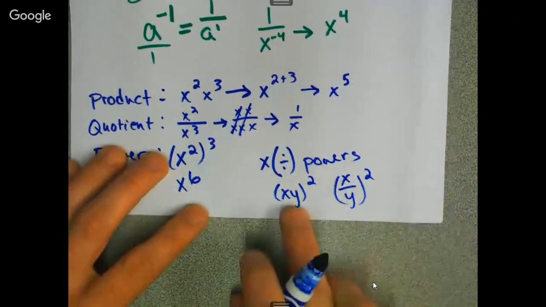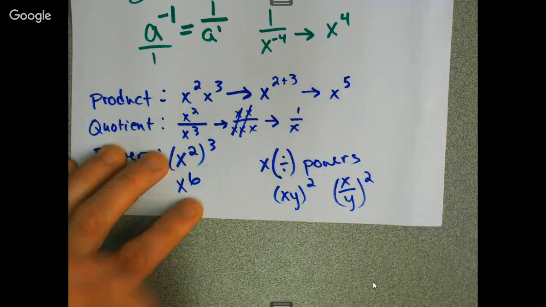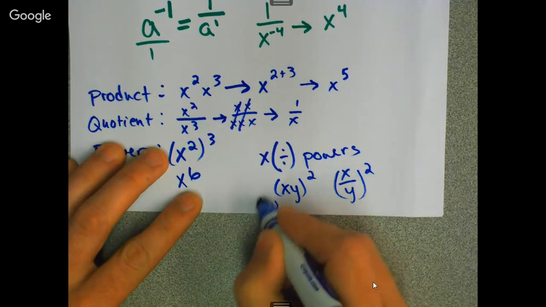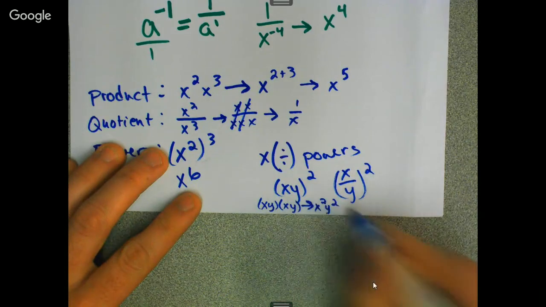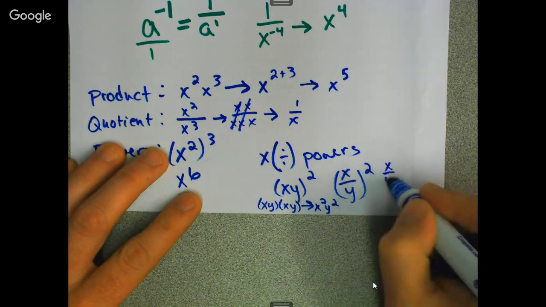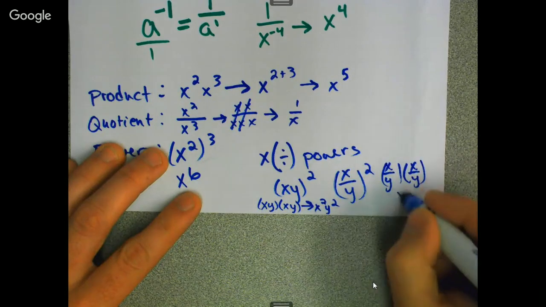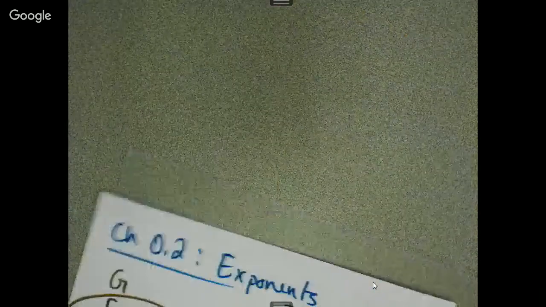Okay. And with these, we have to go back to the definition. The definition of an exponent says you take it times itself that many times. Okay, so we're going to say xy times xy, and you have x squared y squared. Here you have x over y times x over y, which is x squared over y squared. We never, let me write this down, because this is super important.